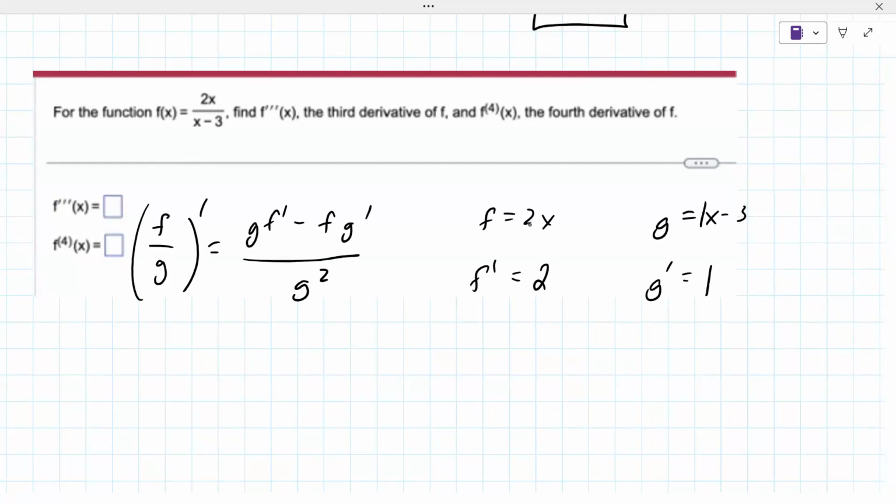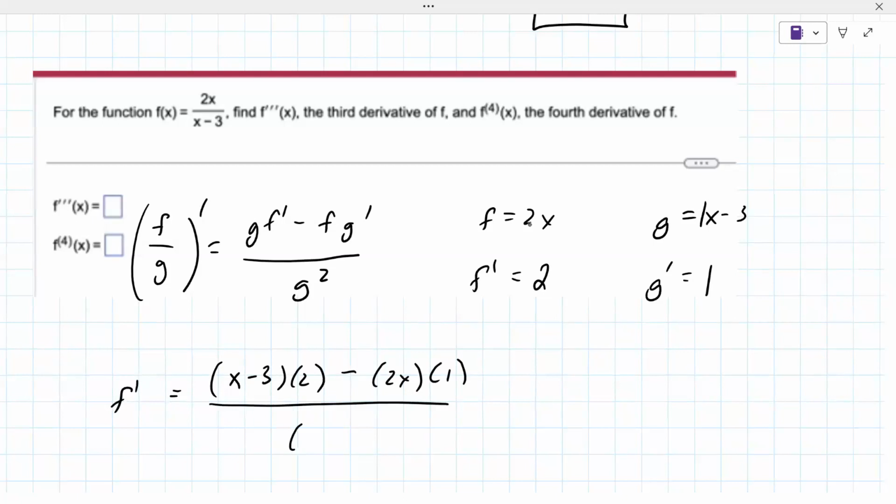Okay, so our first derivative is x minus 3 times 2 minus 2x times 1, over x minus 3 squared. Now we do want to simplify, and the reason you simplify is because you're going to reuse the derivative.